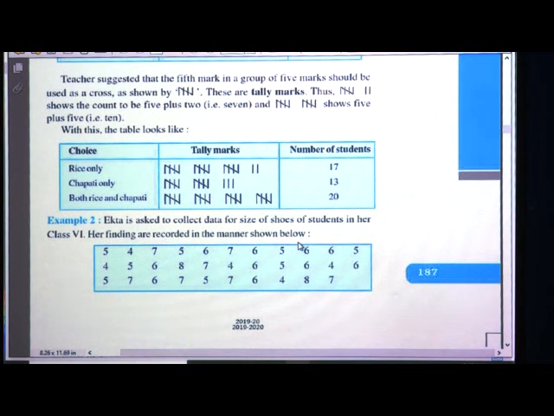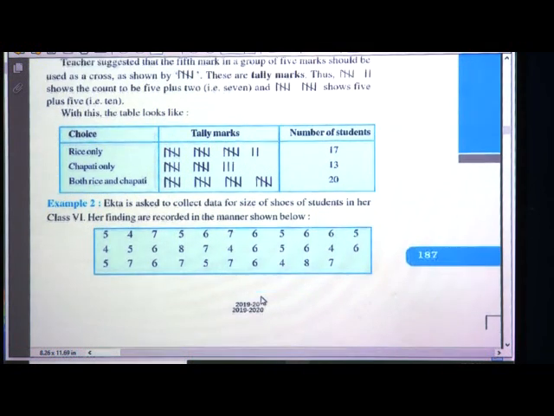She has been asked to collect the size of shoes for each student. She has taken a box and with the help of a pencil she has written 5, 4, 7, 5, 6, 7. In this way she has written.